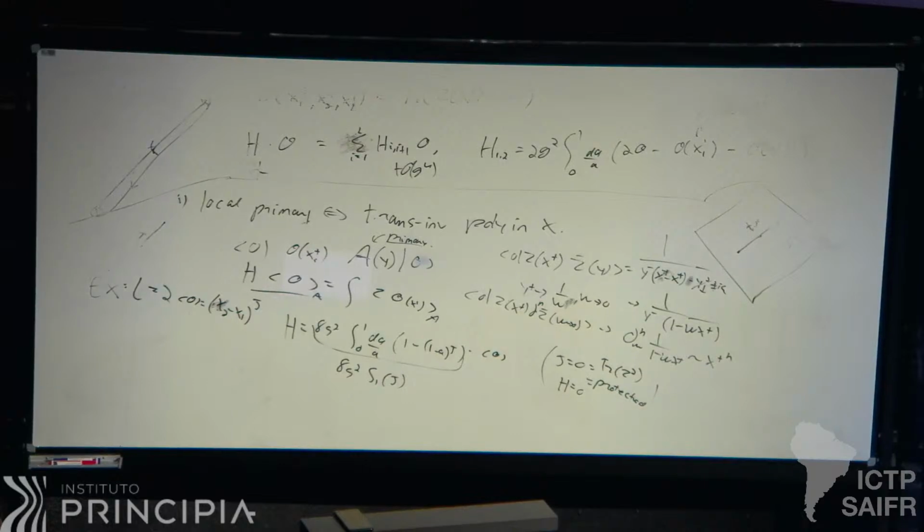When you insert, you can do various things. Here we're inserting the operator in the bulk, and we're inserting the thing that creates the state at infinity. You could imagine doing other things where you insert the state at the origin and insert these light ray operators at infinity. This gives the sort of detectors that we talk about. And just for context, this sort of expectation value at infinity gives you something like the quantum numbers of a conformal primary at infinity if you have this translation invariance.